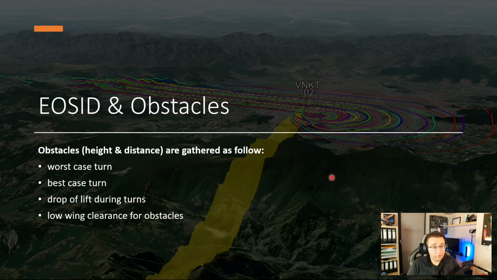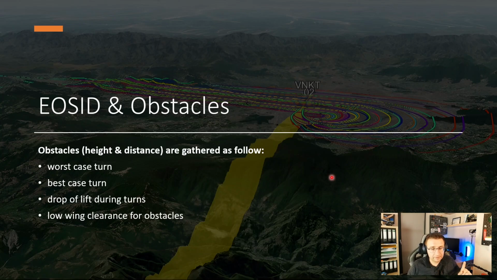Of course, you can't assure that you will fly exactly the same route, so you need to have some margin there. You have to allow some margins for the worst case turn, the best case turn, the drop of lift during turns, the wingspan with a low wing clearance for obstacles, and so on and so on.